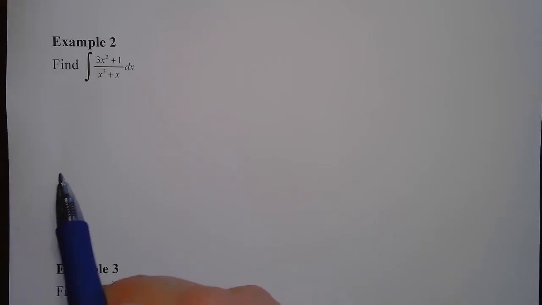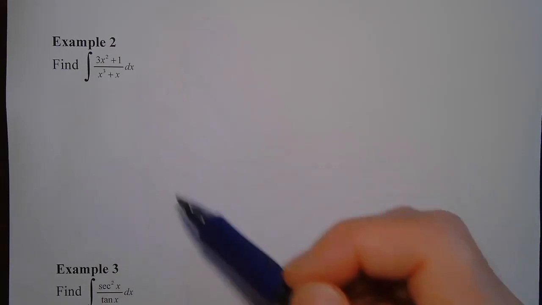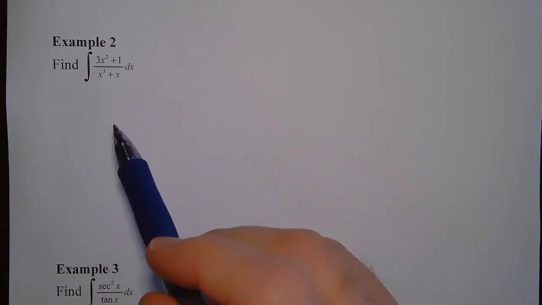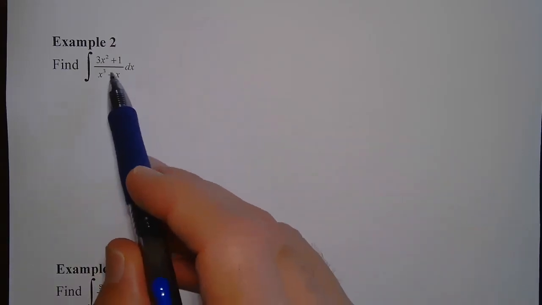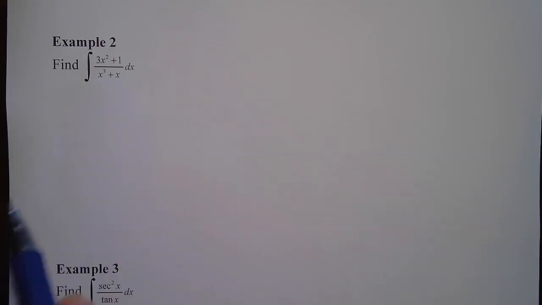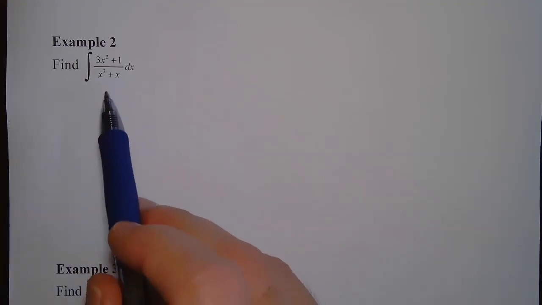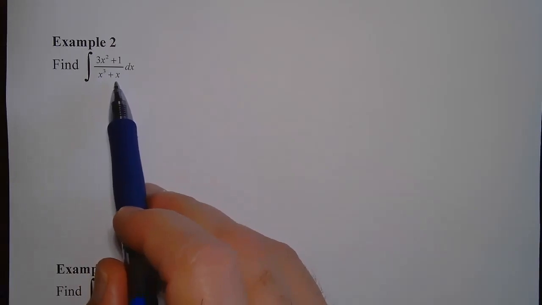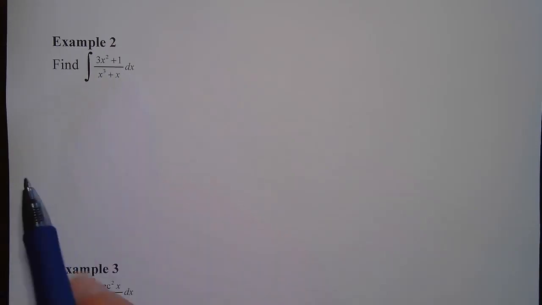For example 2, what I want to talk about is that in all three of these examples on the first page, we're going to wind up letting u be the denominator, and this is why. The derivative of the denominator will become the numerator times dx, or we can fix it like we did in the previous problem.